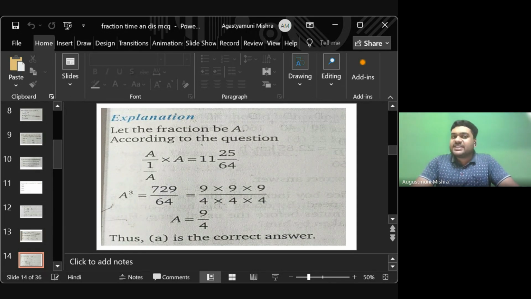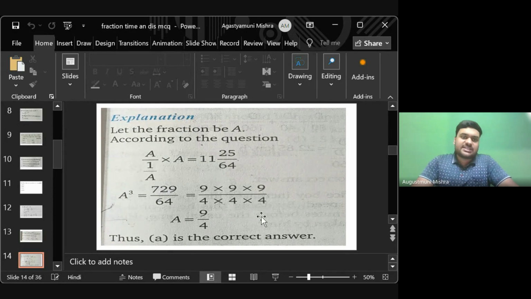After multiplying 64 into 11 plus 25, it will become 729 upon 64. These numbers are the cubes of 9 and 4. So when you move this cube to the other side, there will be a cube root sign on that number 729/64. It will become 9/4. Okay, so that is a very good question.